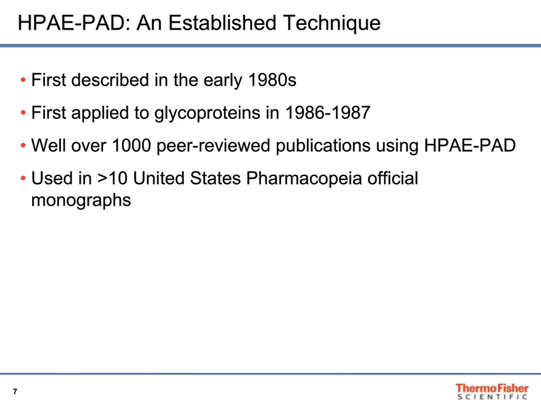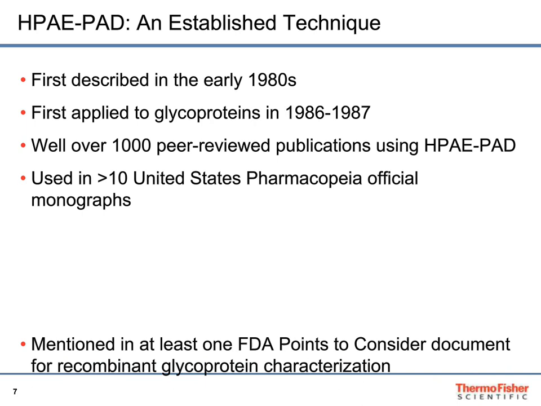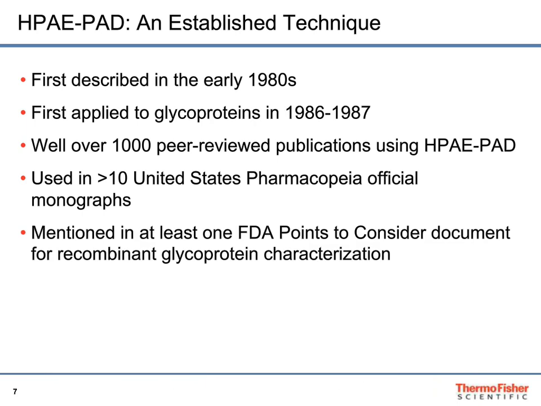There are also examples of aminoglycoside analysis, things like amikacin, kanamycin B, where HPAE-PAD is used as the main analysis technique for determining the quality of those pharmaceuticals. It's also been mentioned in at least one FDA points to consider document for recombinant glycoprotein characterization. The one document that I'm aware of most recently is on characterizing monoclonal antibodies for human use.